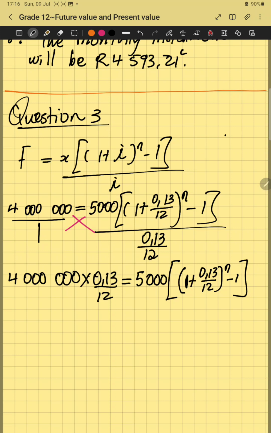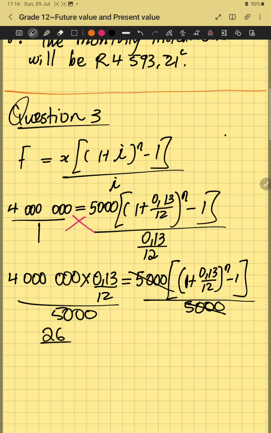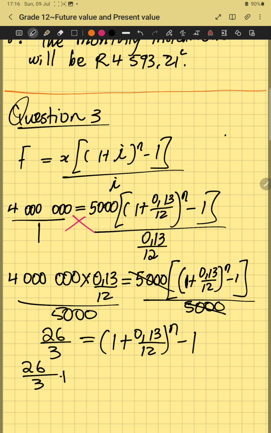Then the next step is to divide by 5,000 on both sides. So this will nullify this, and after we've divided by 5,000 on both sides, this is what we are going to have on this side. 26/3 is equal to, then we just drop this bracket, then we transpose that -1, so it becomes plus, and we have this one here.